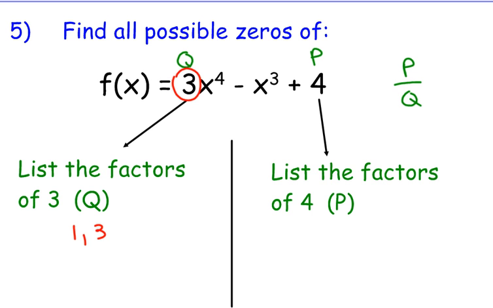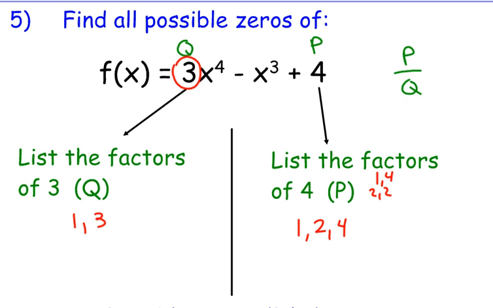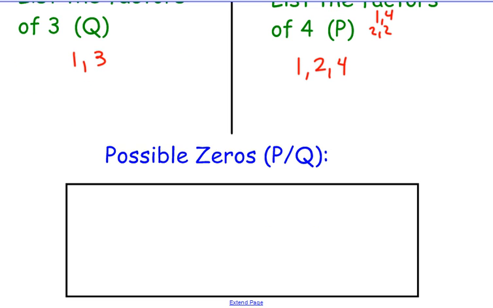I list the factors of 4. It'd be 1 and 4, 2 and 2. But I don't double things up, so it's going to be 1, 2, and 4. I like to list them least to greatest. You may do something different, but that works for me because right now I need to find all the possible zeros. So I have to take p divided by q.